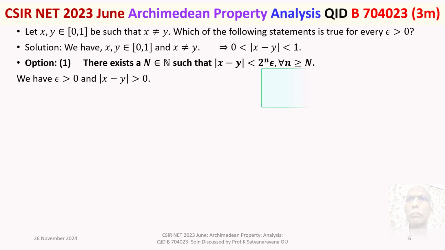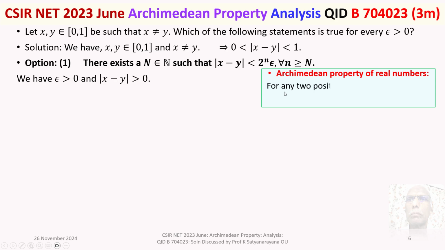We recall the famous Archimedean property of real numbers: for any 2 positive real numbers a and b, there exists a natural number n such that n a is greater than b. It's a very simple property of real numbers. We use the Archimedean property here.